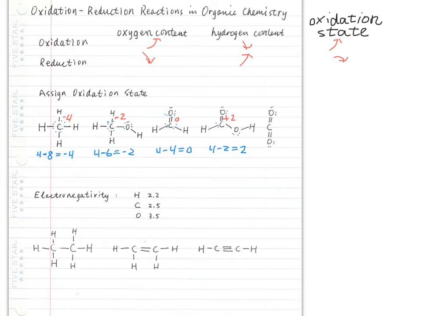In the case of carbon dioxide, because carbon is double bonded with 2 oxygens over here, there is no electron assigned to carbon. Therefore, the oxidation state of carbon equals 4, and this time it's +4.